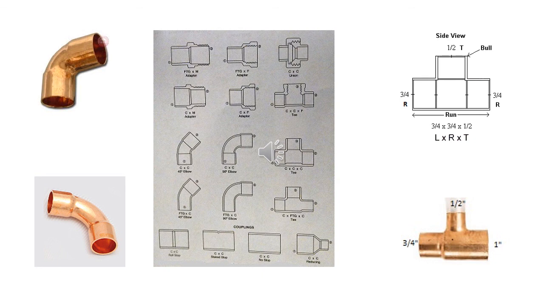So the reducing T on the slide would be called a 1 inch C by a 3/4 inch C by a 1/2 inch C reducing T. If you were ordering a T that is uniform in size, say you wanted the run and bull or branch to be 3/4 inch, all you would have to say is I want a 3/4 inch copper T.